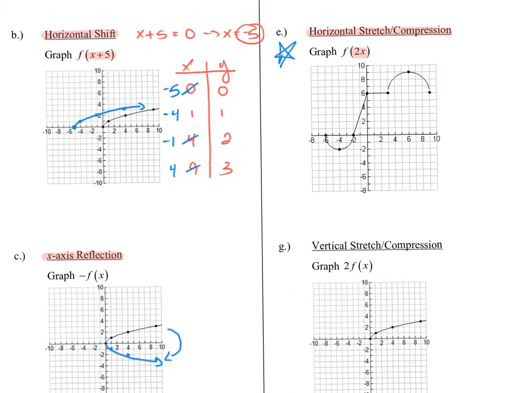What we really want to think about when we're looking at this graph is this 2x, and we want to understand that this is going to move twice as fast.